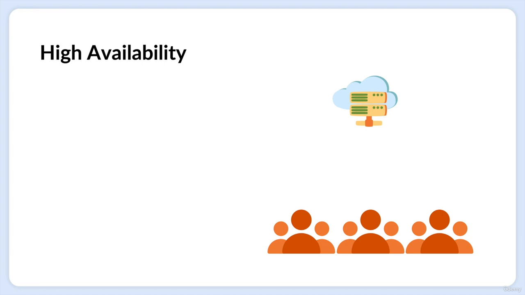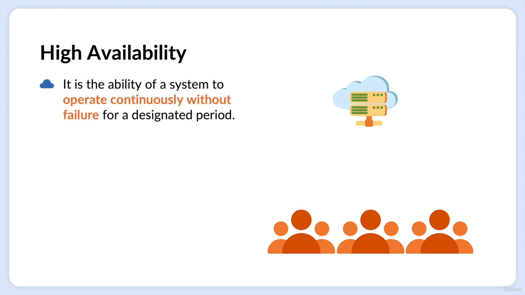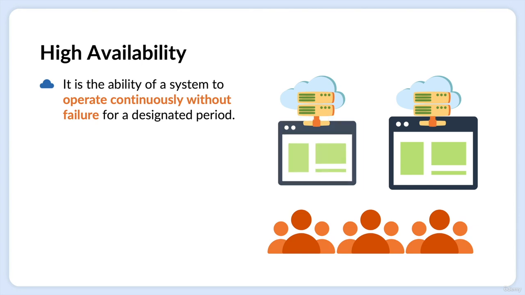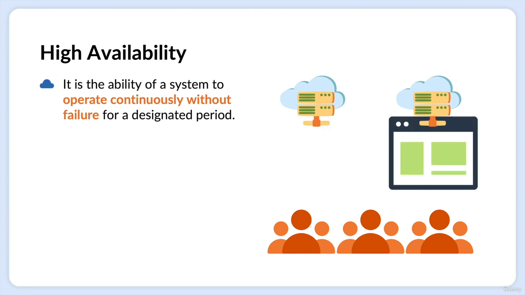In IT terms, we could say the application is not highly available. So, high availability is the ability of a system to operate continuously without failure for a designated period. In this case, to make the application available for your users, you can run the application on two virtual machines. So while your security team will do patching on one virtual machine, another will be available.